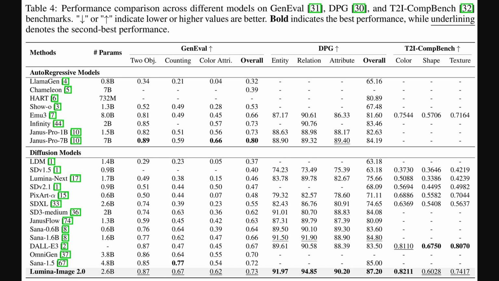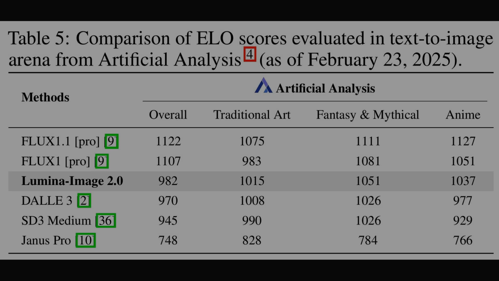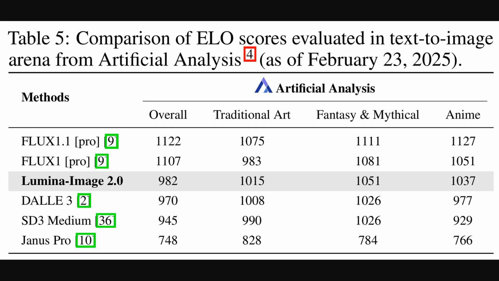And, well, Lumina-Image 2.0 stacks up really well. It gets the best overall scores on DPG and T2I-CompBench, and second best on GenEval. The paper suggests this strong performance, especially on DPG, is thanks to those detailed captions generated by UniCap we talked about earlier.